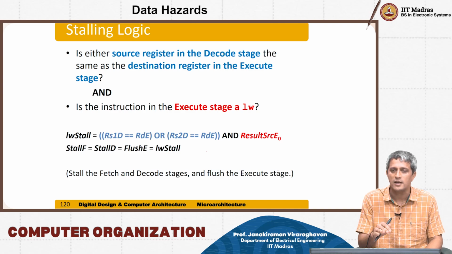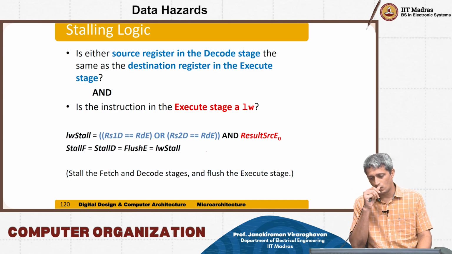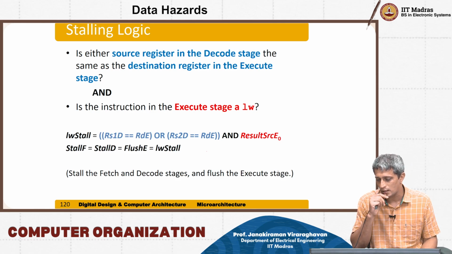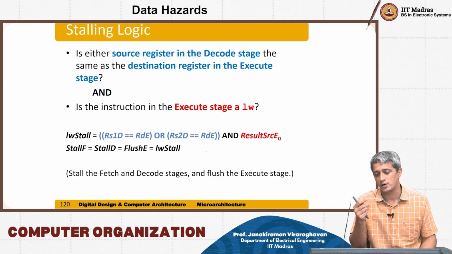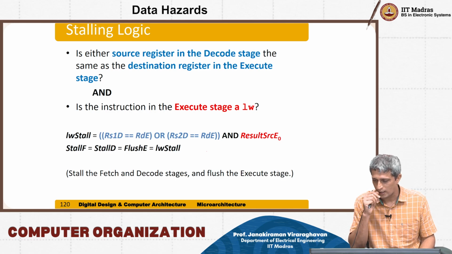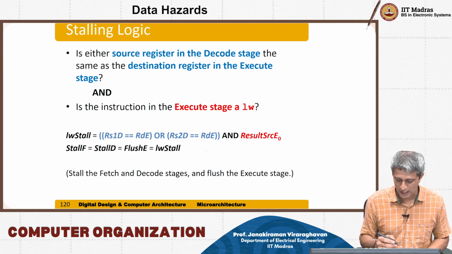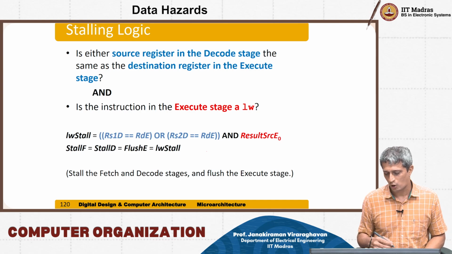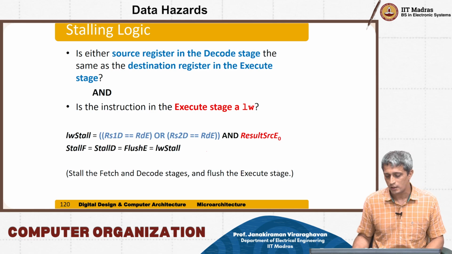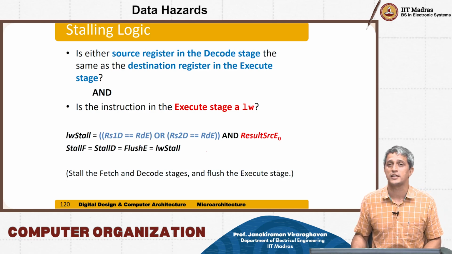So load word stall is RS1D equal to RDE, or RS2D equal to RDE, and result source E0. Then you are saying stall F equal to stall D equal to flush E equal to LW stall. So stall the fetch and decode stages and flush the execute stage.